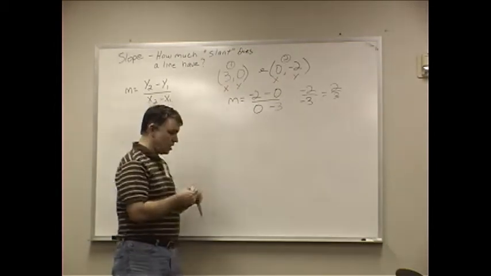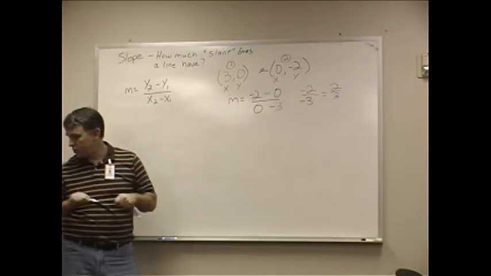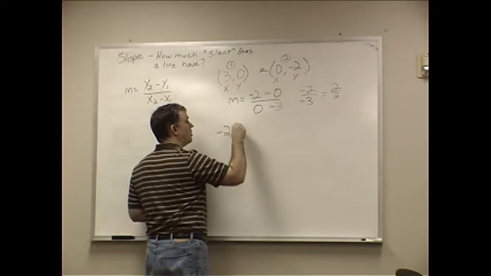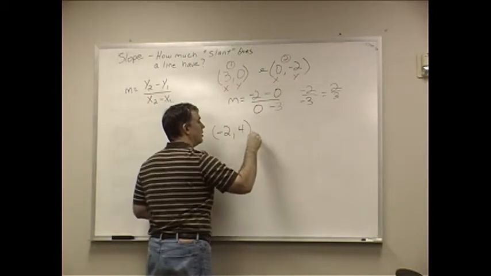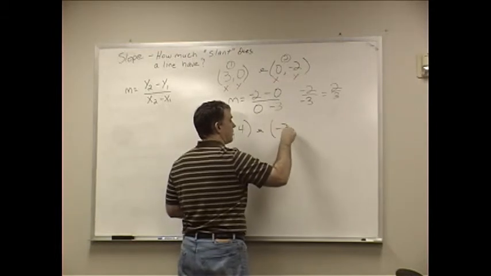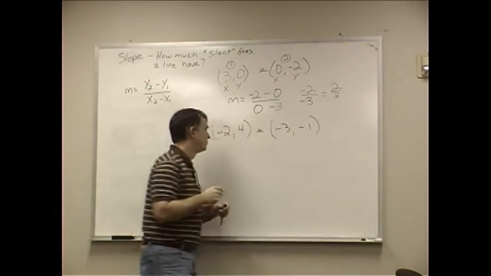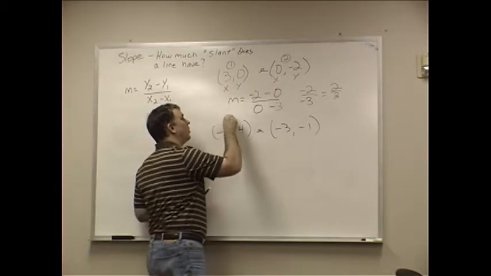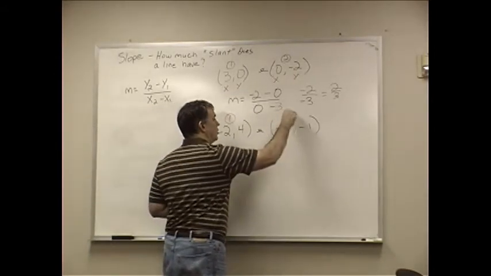All right? Now, let's do another problem. Let's do, I'm going to put one up here, (-2, 4), and let's say (-3, -1). Let's do something like that. Now I'm going to call this point 1 and point 2.